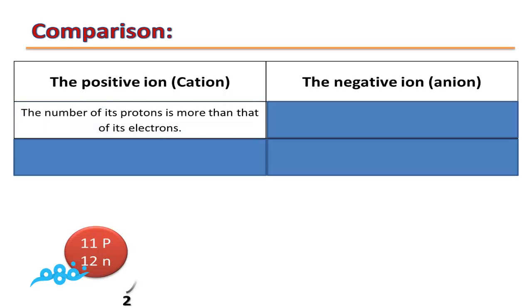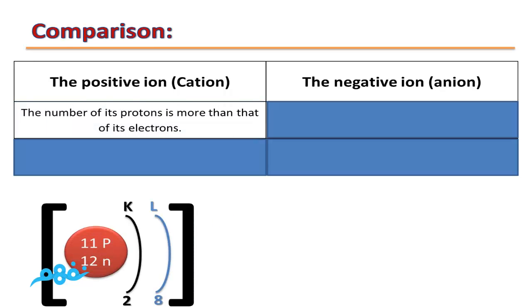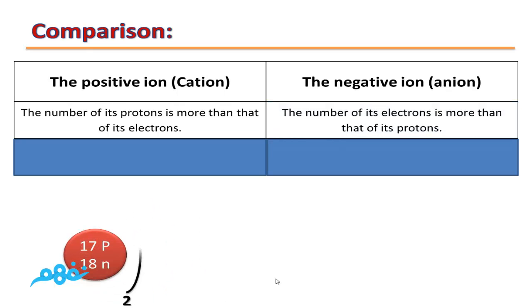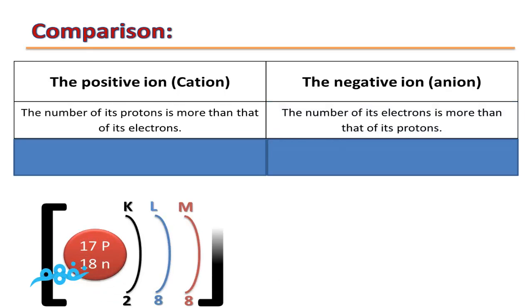For positive ion, the number of its protons is more than that of its electrons. As you can see here in sodium ion, it contains 11 protons and only 10 negative electrons. But in negative ion, the number of its electrons is more than that of its protons. For this chlorine ion, it contains only 17 protons and 18 electrons.